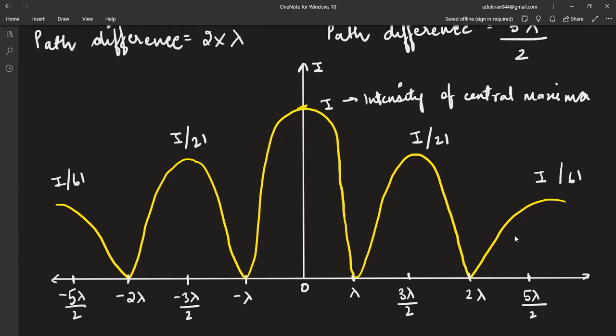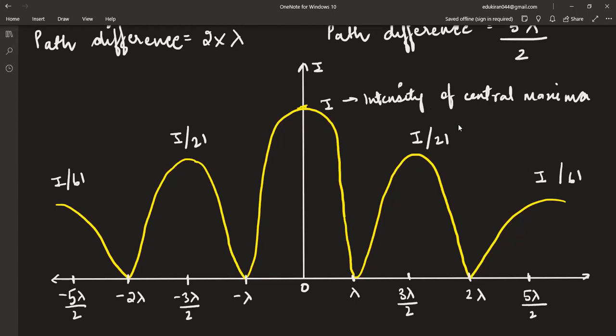A very important question that comes is to differentiate between the intensity distribution curves for interference and diffraction. You have to be very sure that intensity remained constant for coherent sources and independent for non-coherent sources. Then here you have to show that the intensity is gradually diminishing.